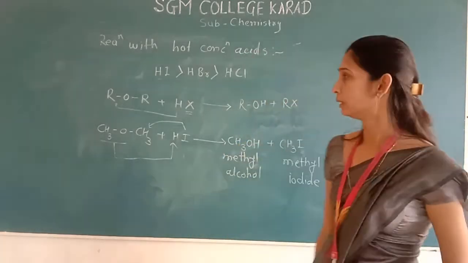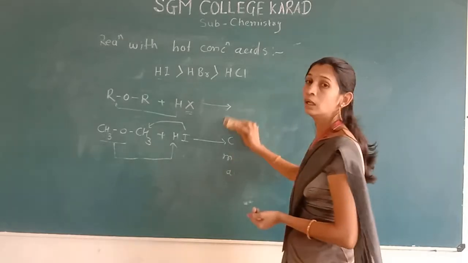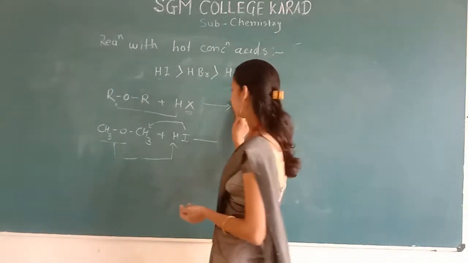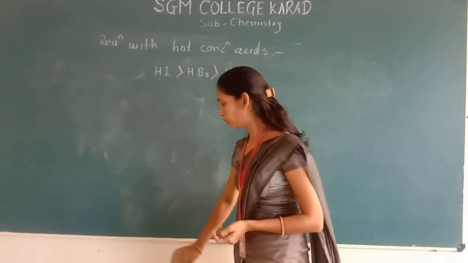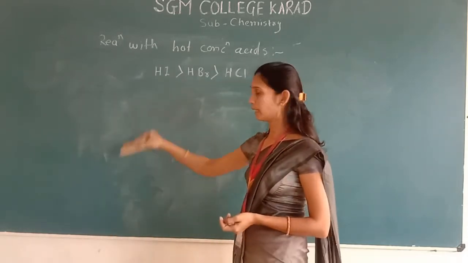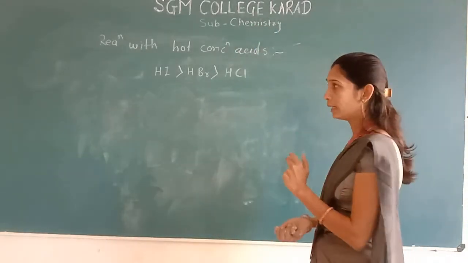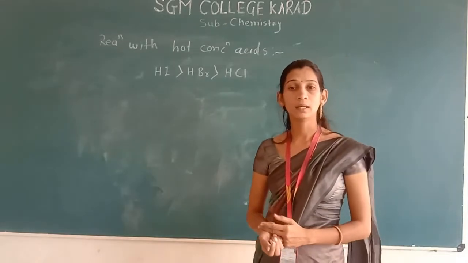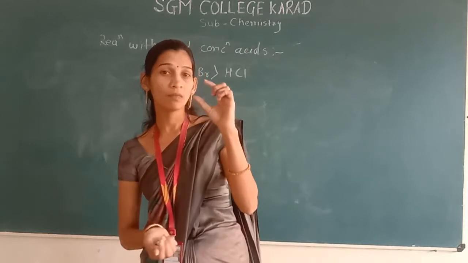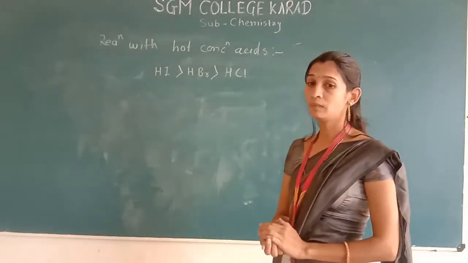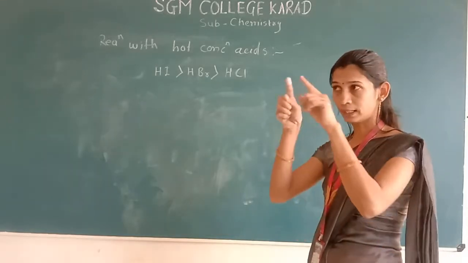Now, another one, if we are taking the aryl ether or aryl alkyl ether. Here also we are taking the example of HI, as it has more reactivity. If we are taking the aryl alkyl ether, then that aryl alkyl ether has a strong and very short bond between the oxygen and the aromatic ring.